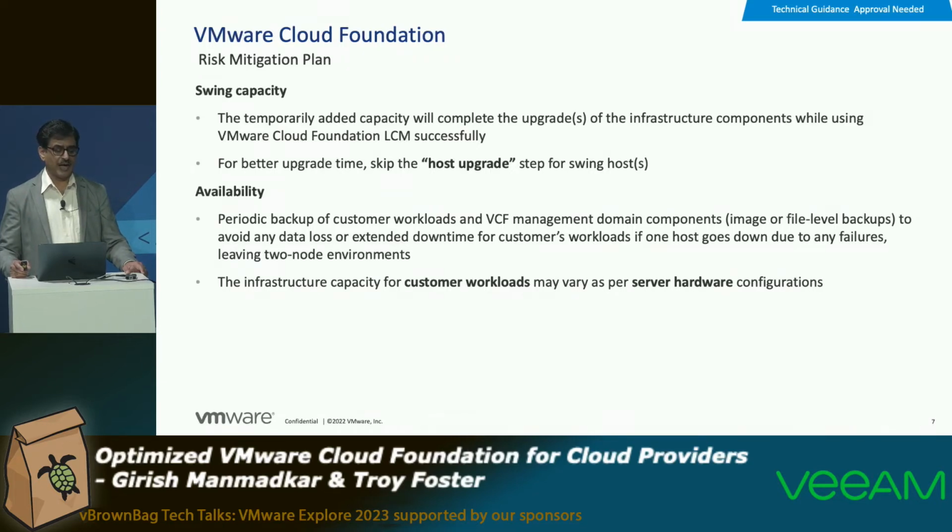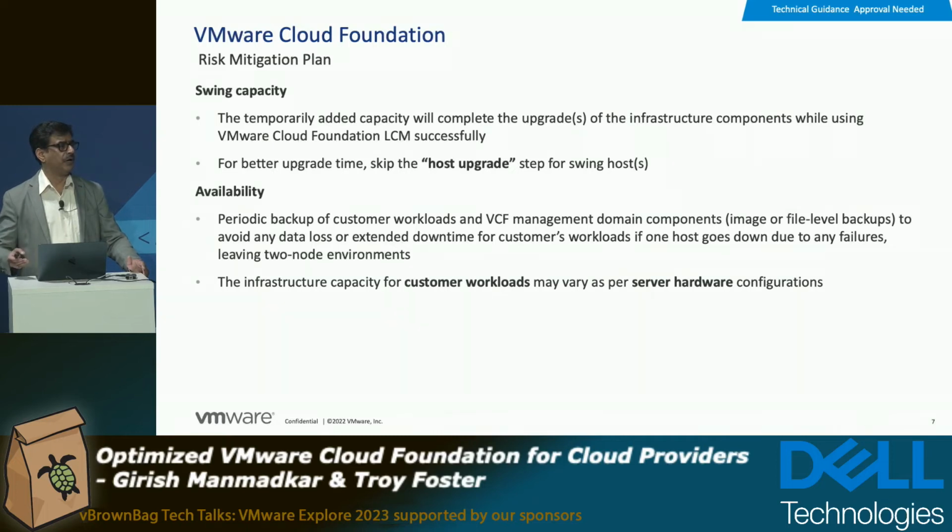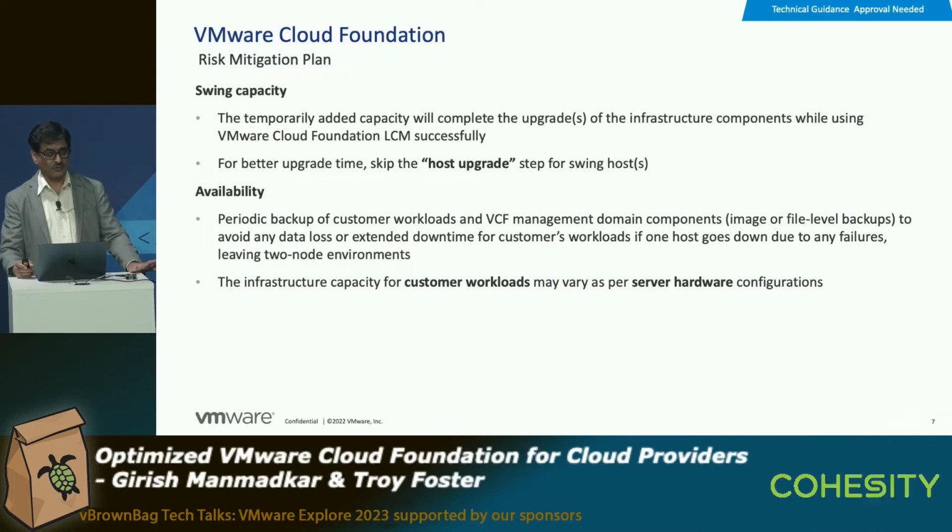It could be an image level backup or a file level backup, to avoid any data loss. Sometimes things do go wrong, like a NIC driver problem or whatever it is. So take a backup before you start any of this lifecycle automation process so that your customer workloads and the data are protected.